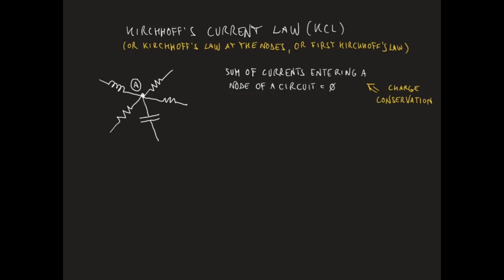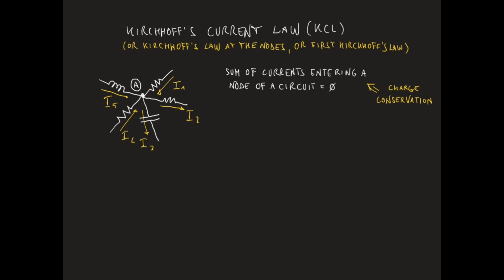In the network in the figure, let us consider the currents flowing through each of the 5 branches. So we will have current I1, current I2, current I3, current I4, and current I5.